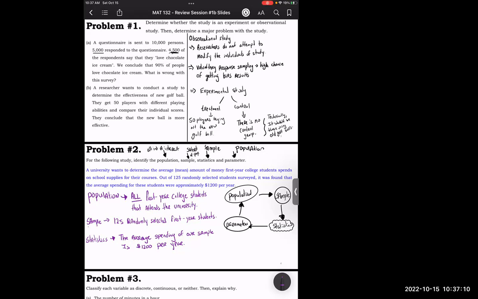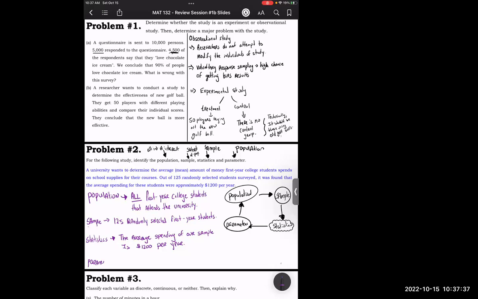You're going to use information regarding a sample to determine some numerical value for a population. Sometimes you have to create something called a confidence interval. Sometimes you have to do a little bit of hypothesis testing. You'll see that later down the road. For now, we could just make a general statement regarding the parameter.